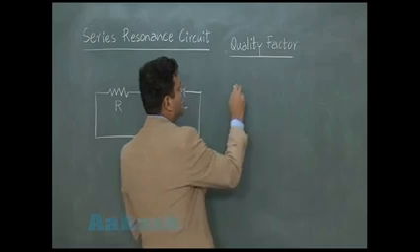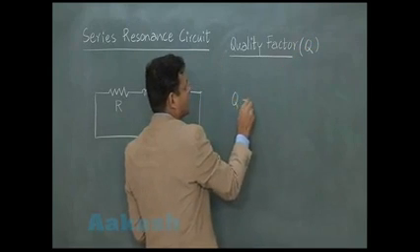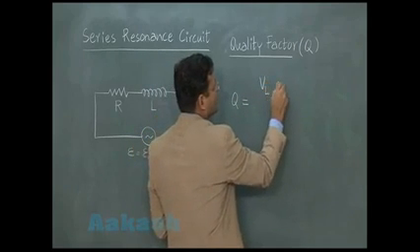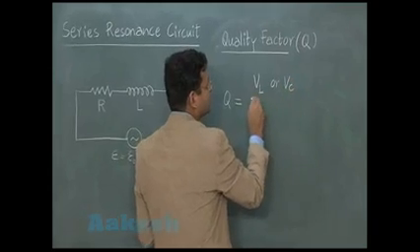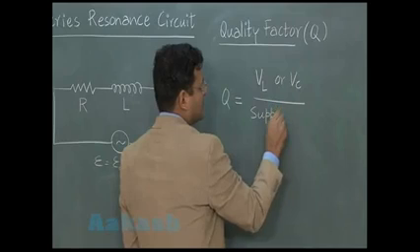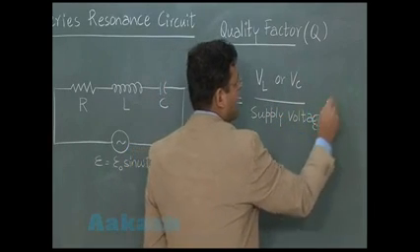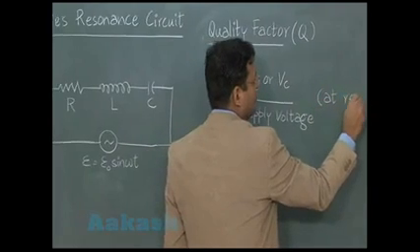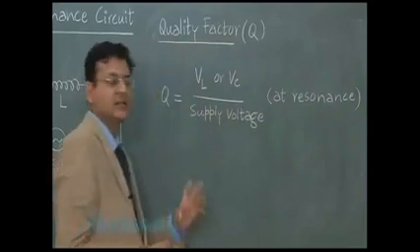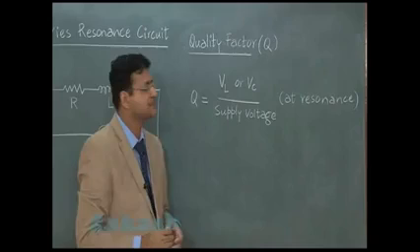The one way of defining quality factor Q is that potential drop across inductor or capacitor, because you know they are the same at resonance, upon supply voltage at resonance. Both these values that you are writing should be at resonance. You understand? This is the standard way in which we define the quality factor of a series resonance circuit.